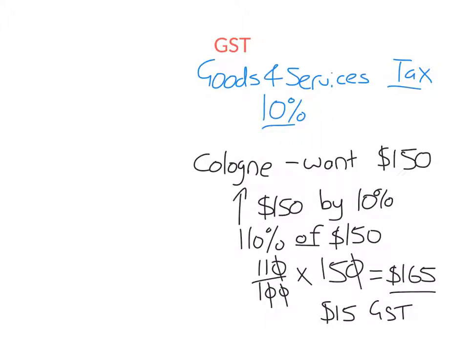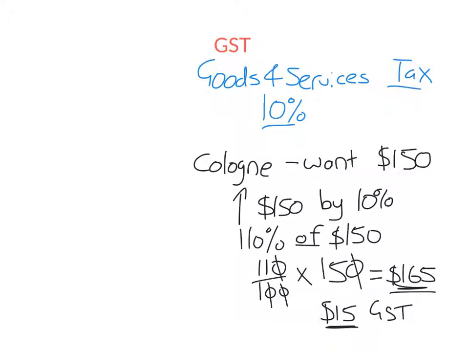So hopefully you are a little confused and you're thinking, this doesn't make any sense, right? $15 is not 10% of $165. Well, that's right. What this means is if you go to a shop and you see something for sale, let's say a video game for $100, that doesn't mean 10% of the price is GST.